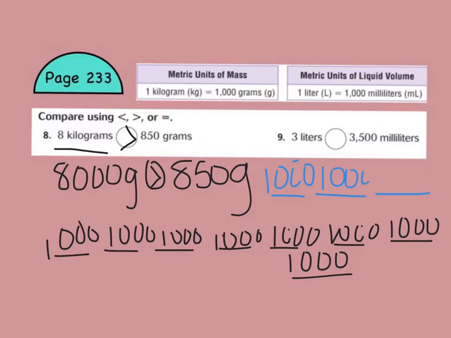So 1,000 times 3 is 3,000 milliliters. So when I compare the two, I know that 3,000 milliliters is less than 3,500 milliliters. So I know that 3 liters is less than 3,500 milliliters.